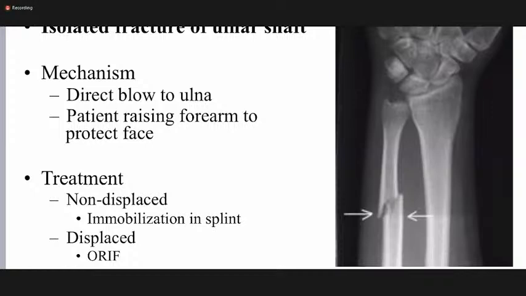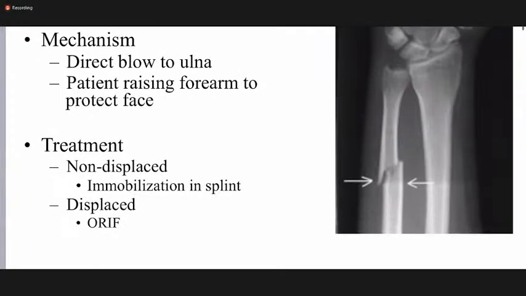Whatever object is being used to attack the person hits the ulna and it fractures, and you get a fractured ulna known as a nightstick injury or nightstick fracture. Treatment: if non-displaced, you immobilize in a cast. If displaced, you do open reduction internal fixation.